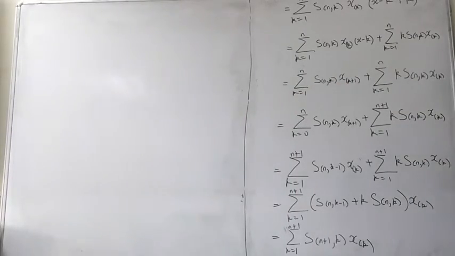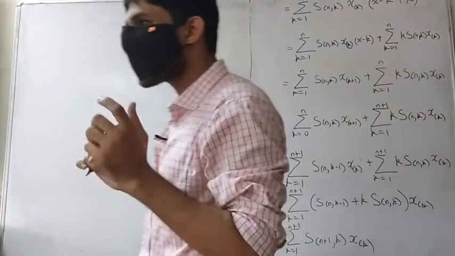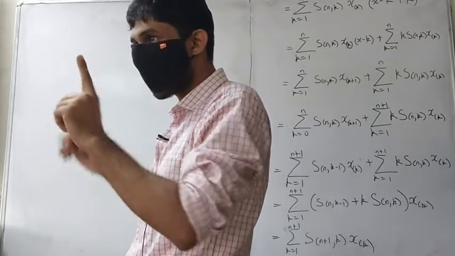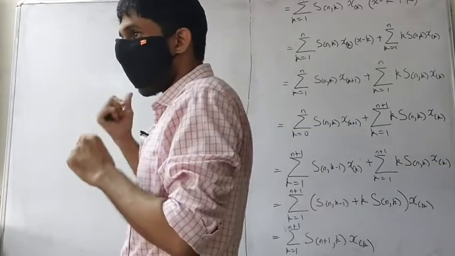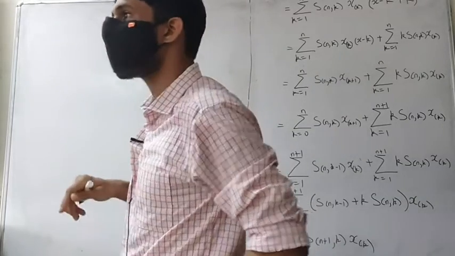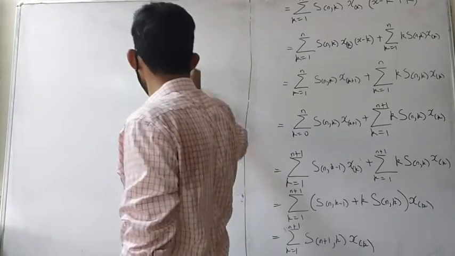Okay, so let's see. If you look at P times P inverse, what do you actually get? If P is your small s's, your P inverse is your big S's, right? So what would be the elements of that?